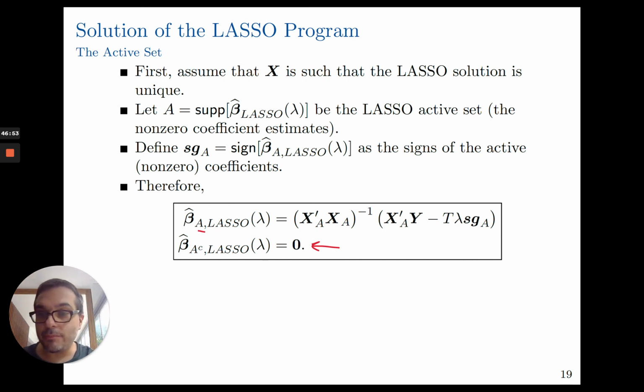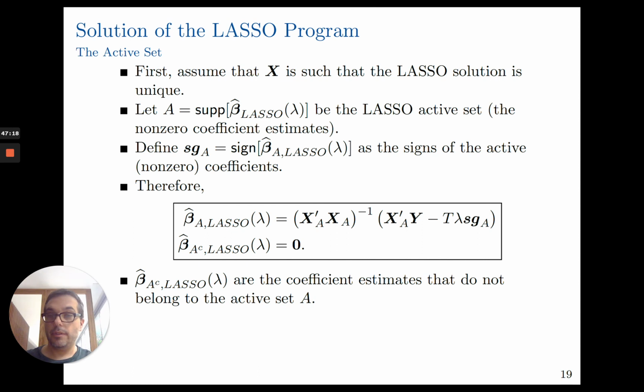Where this comes from, this is just the solution of the Karush-Kuhn-Tucker conditions, the solution of the first order conditions. No mystery here, but just making this specific difference between what's the active set and what's the non-active set.